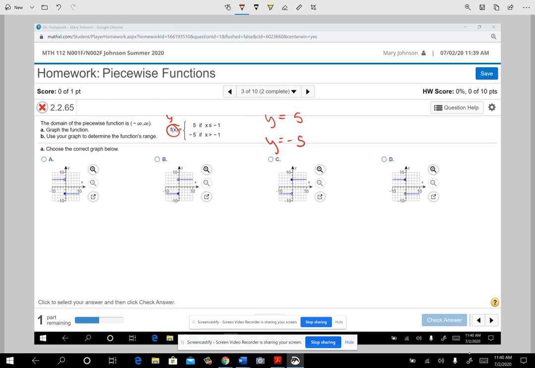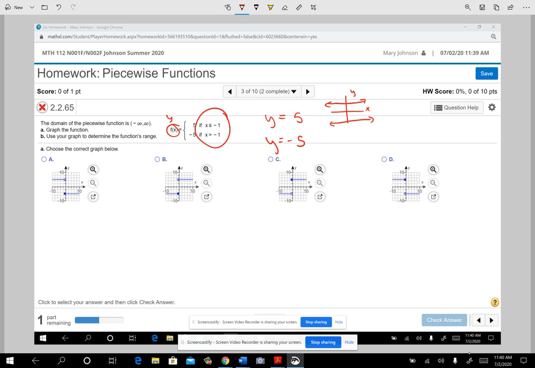So you should know that y equals 5 is a horizontal line up here at 5, and that y equals -5 would be a horizontal line down here at -5. We can kind of tell from the graph. What you got to decide is, where do you use the line y equals 5 and where are you supposed to use the line y equals -5? So that's where these conditions come in.